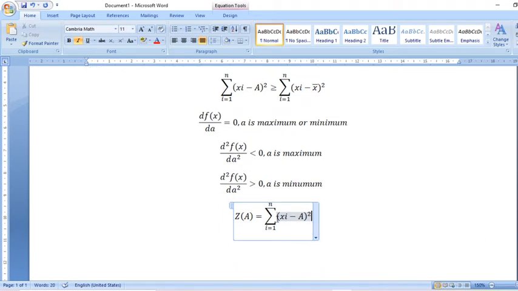Here also we are considering frequency, or first of all we can consider raw data. z of A equal to summation i from 1 to n of (xi minus A) square.